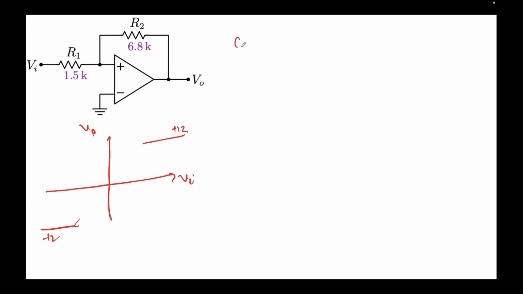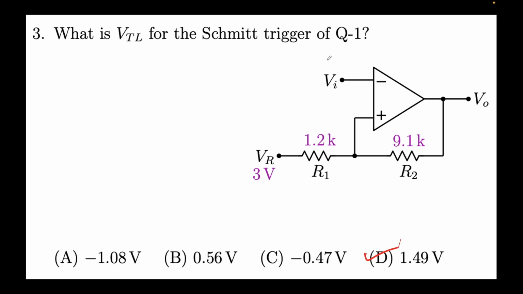And if I consider case 3, we'll assume V naught is sitting at plus V sat, and we are interested in finding this transition. So we are here, and we are interested in finding this transition, that is V plus must be greater than V minus. If you go through the very first theory part in which I solved the problem, I'll copy the result.